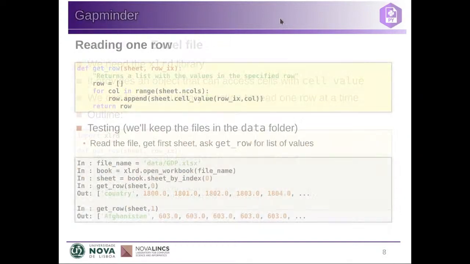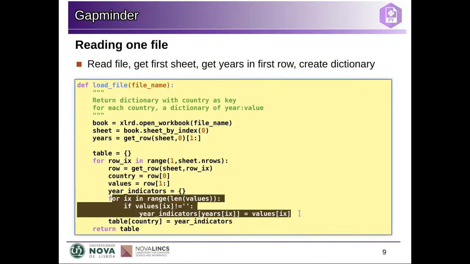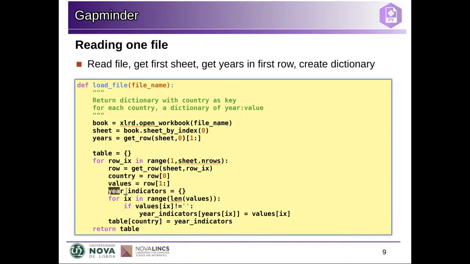This is what we're doing in this loop to create this dictionary. Once we have this dictionary created with all the year-value pairs, we add it to our table by creating an entry for which the key is the name of the country and associating with that country the whole dictionary with all the data for all the years.